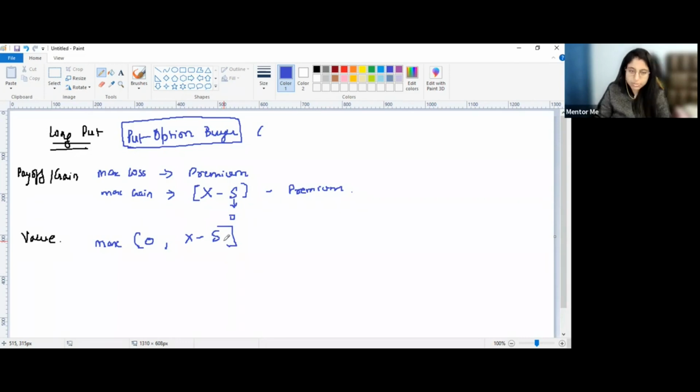ठीक है, let's consider from the perspective of the short put party also, that is the option seller.